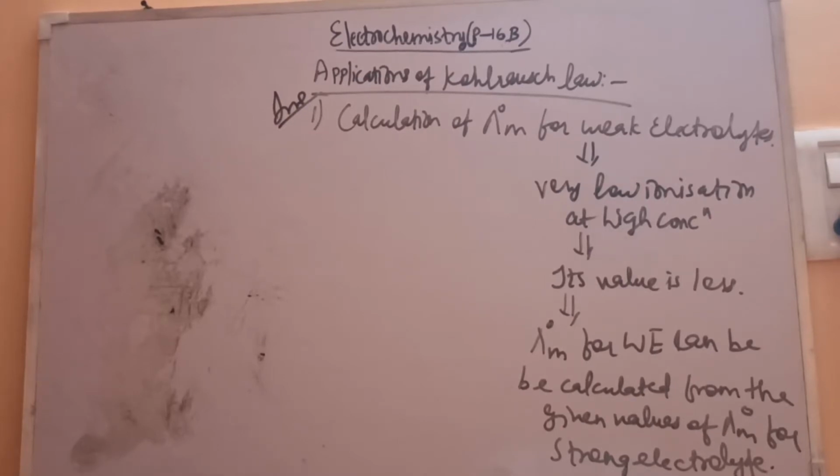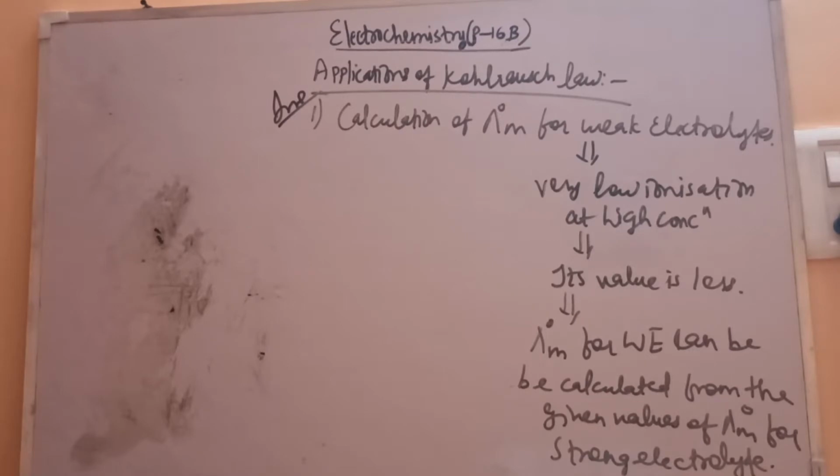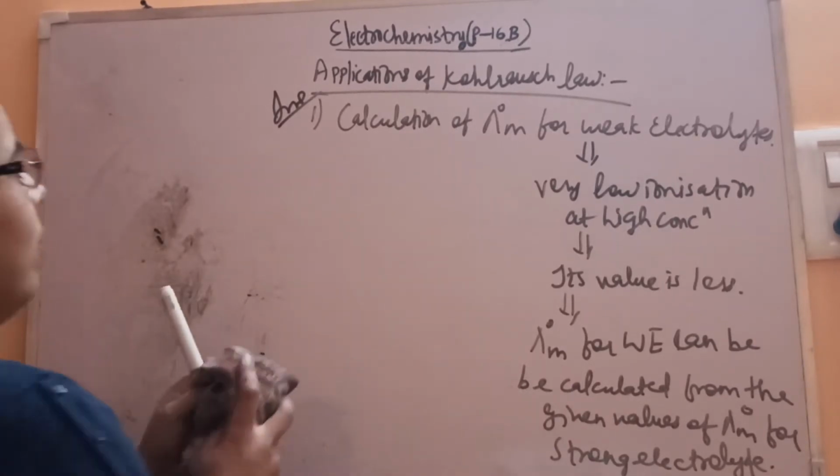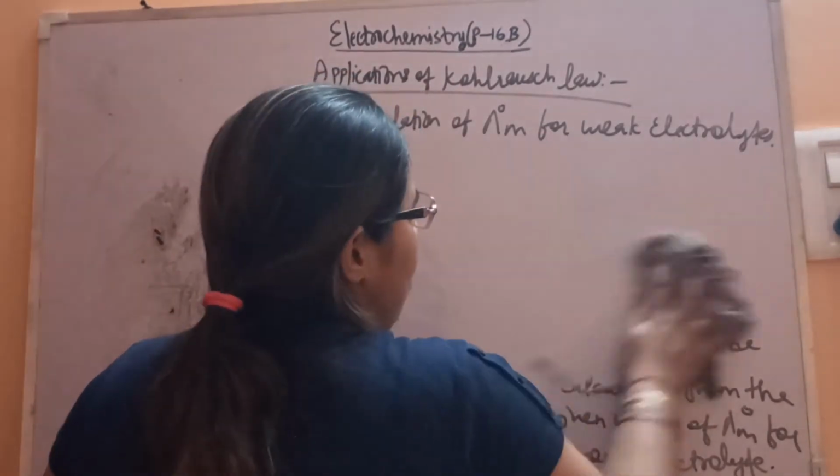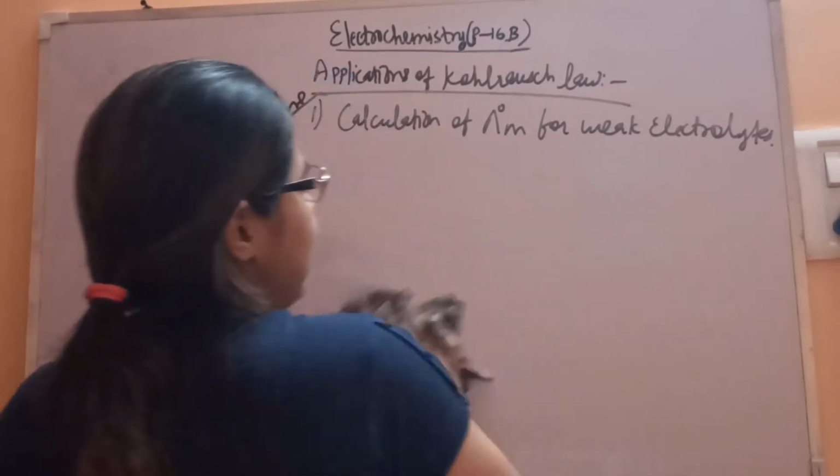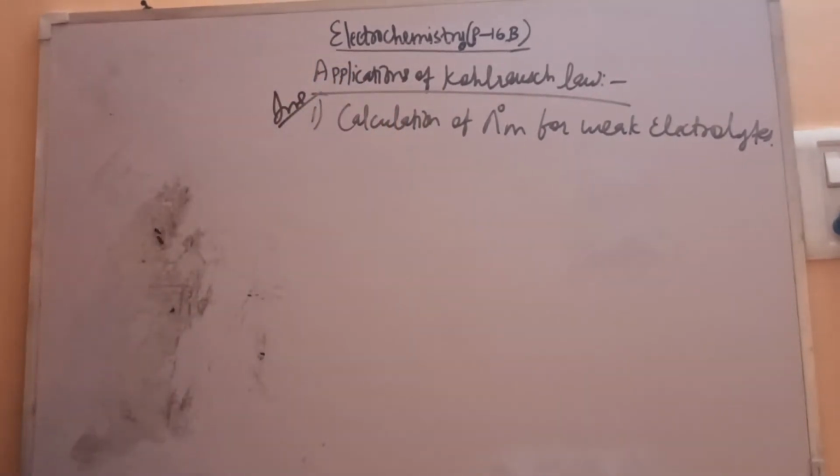So when you write the expression for acetic acid according to Kohlrausch's law, what will you get? Let's write its expression according to Kohlrausch's law for the weak acid, that is acetic acid.